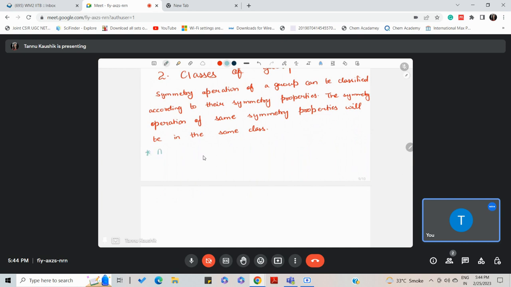And please note, according to the group theory definition, the similarity transformation elements will be in the same class.